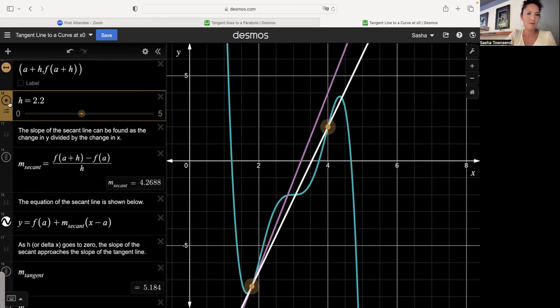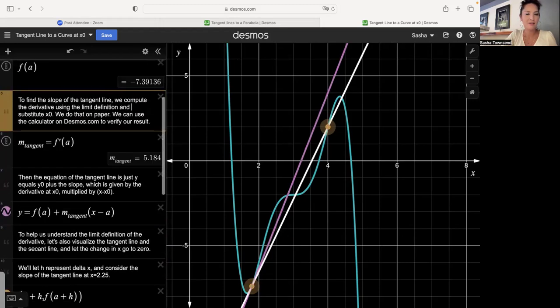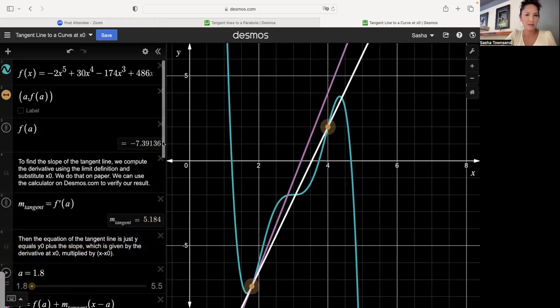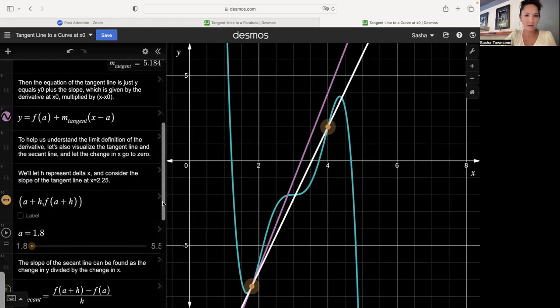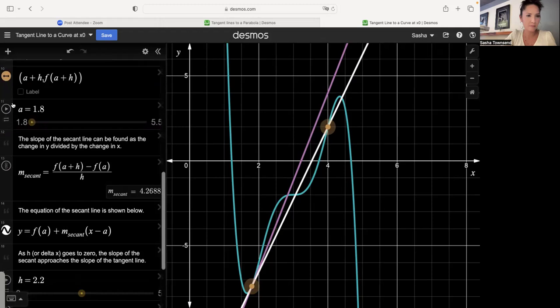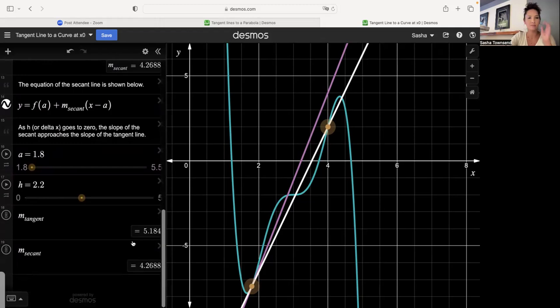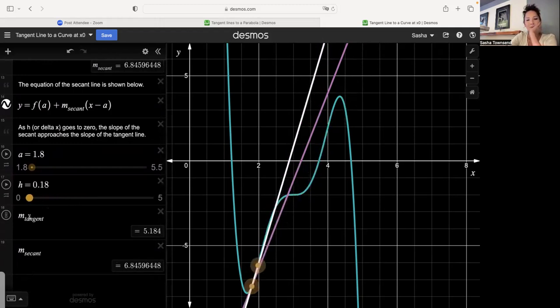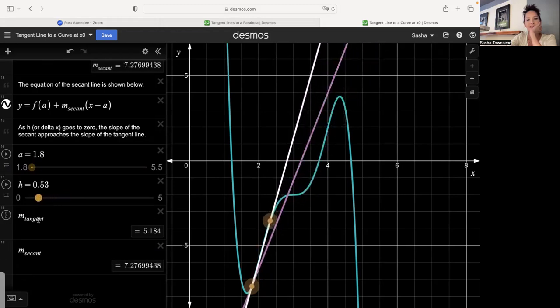And now we can change that for different values of h and different values of a. It's easier to see if we take these little sliders and move them all to the same area on the left sidebar here. So as h goes to 0, oh nice, our secant lines approach our tangent line.